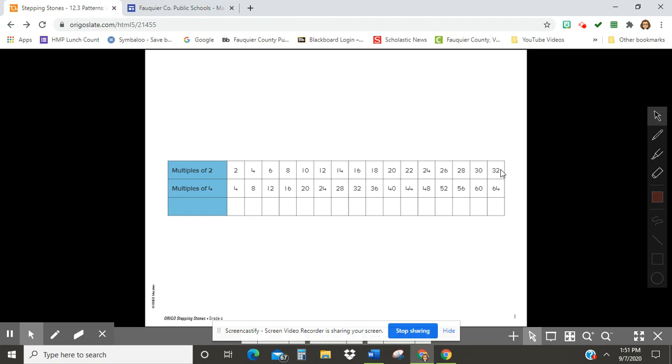Then 32. Is 32 on here? Yep, right here. That's very interesting. That's another pattern that we can be interested in trying to figure out. These are just different patterns I'm trying to show you about numbers. I have a whole list of them.